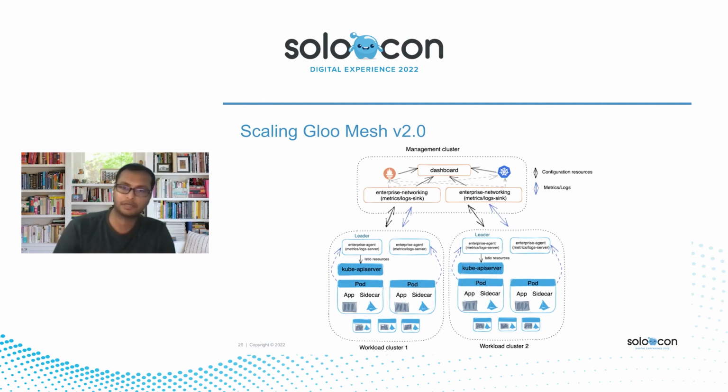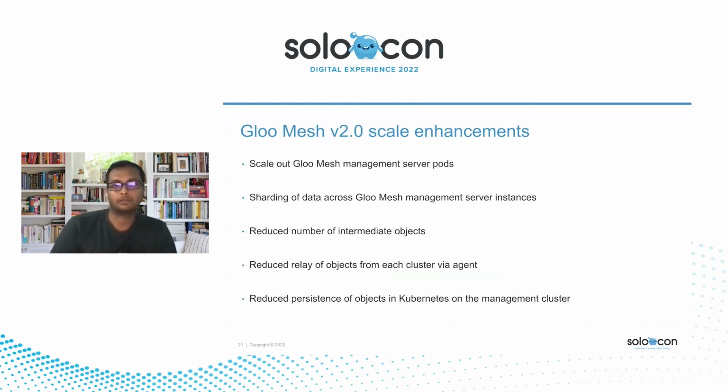Similarly, the efficiencies we are getting because of better translation and reduced transport of objects between the agent and the management plane, we get better scaling there too, right? So the enhancements that we have made in Gloo Mesh 2.0, to summarize, you can scale out the management server pod, we get efficient sharding.